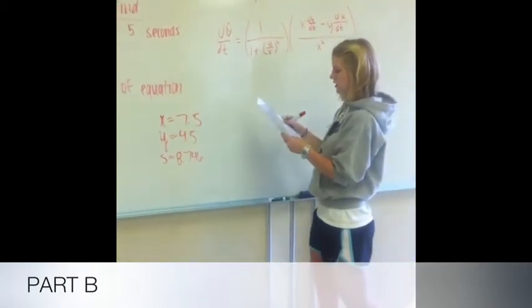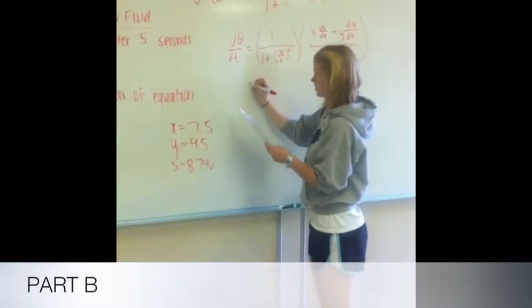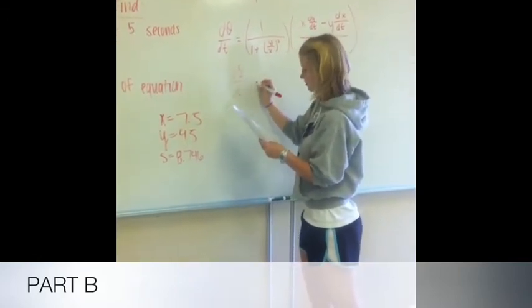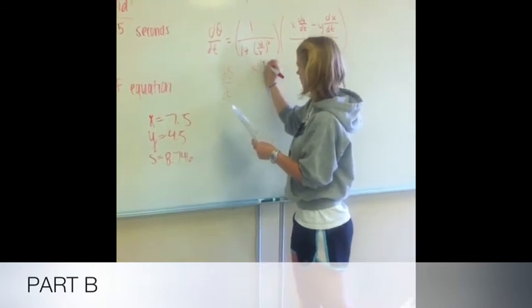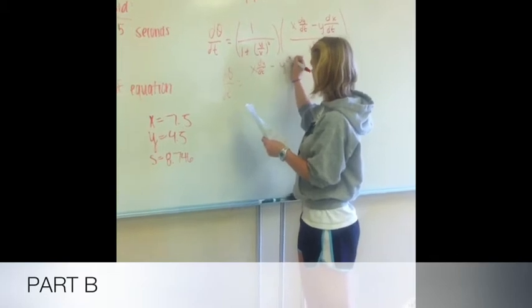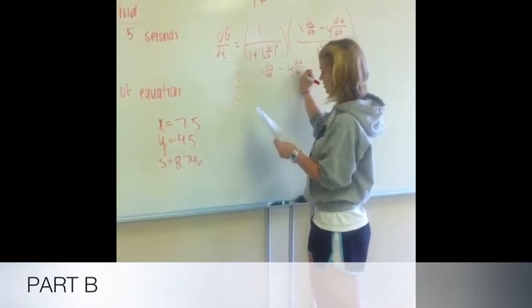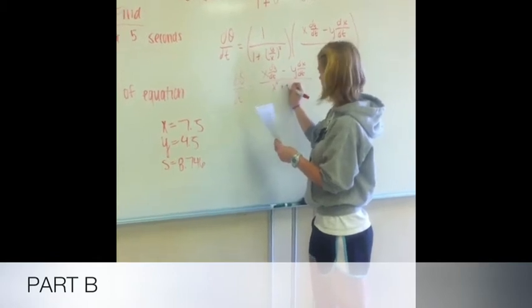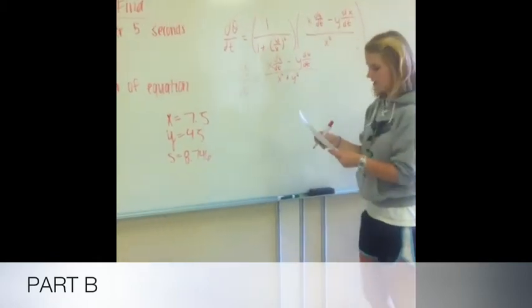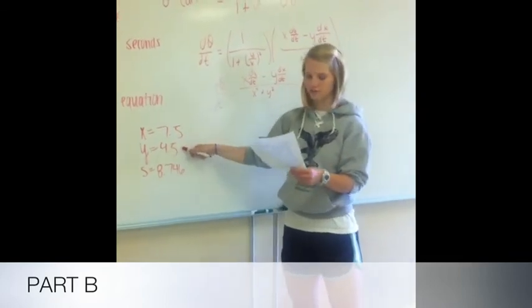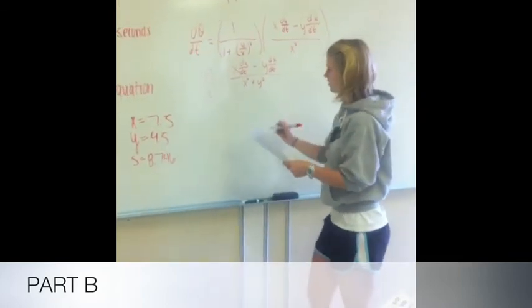And then we want to simplify it. So d theta/dt is equal to x dy/dt minus y dx/dt, all over x squared plus y squared. And then we know our x and y values from part A, so we want to plug those in.